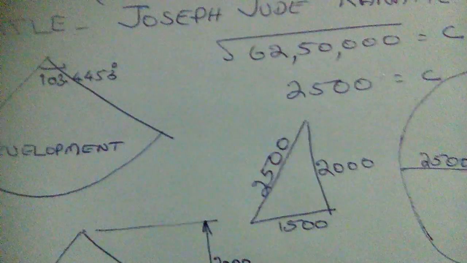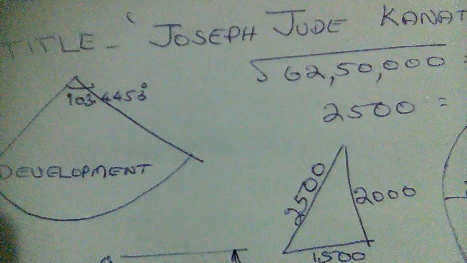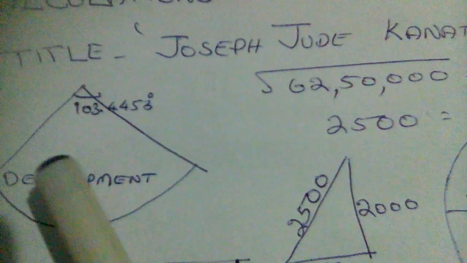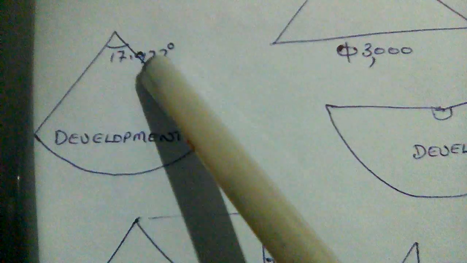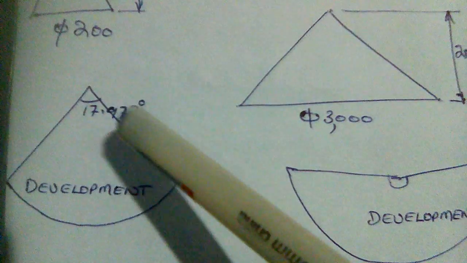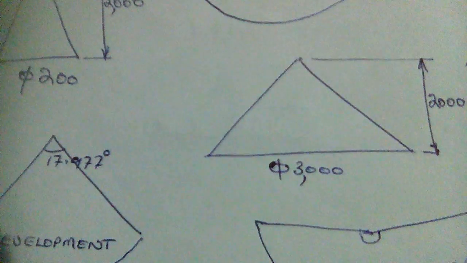Then I told you, if this line reaches, now it is 103.4453 degree. Earlier it was 17.977 degree. If it is 17.977 degree, we can make a cross cutting using compass.